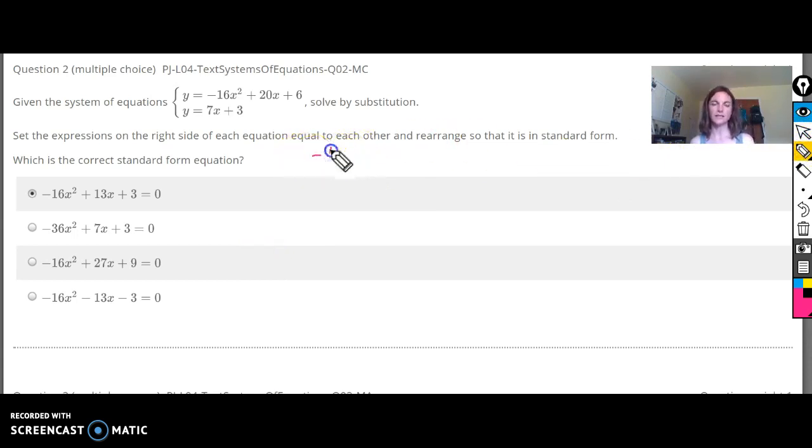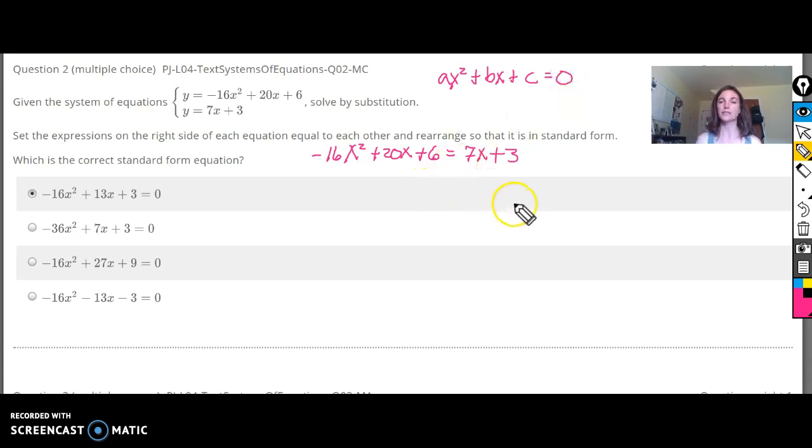Negative 16x squared plus 20x plus 6 equals 7x plus 3. That's a first step, but we can't solve this until we put it into standard form. If you'll remember, standard form is ax squared plus bx plus c equals 0. All I have to do is get a 0 on the left side.